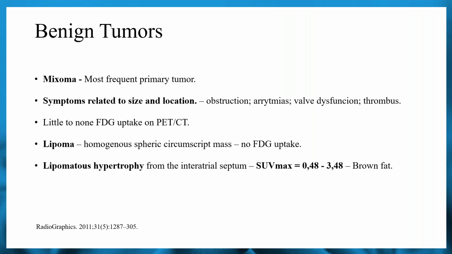The lipoma is another benign tumor, also with no FDG uptake, and the lipomatous hypertrophy of the interatrial septum is a condition that may present an increased FDG uptake, ranging from 0.5 to 3.5. This is probably due to the brown fat constitution that may present some glycolytic metabolism.